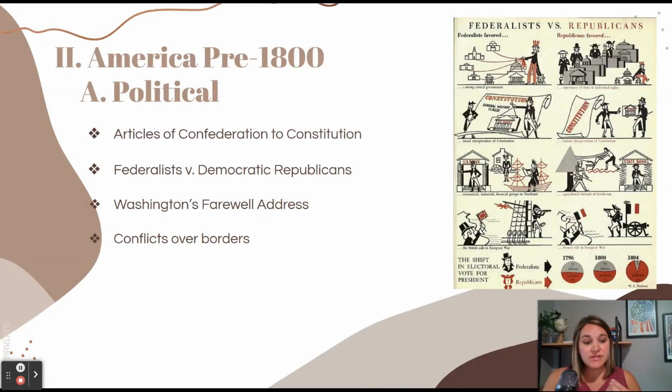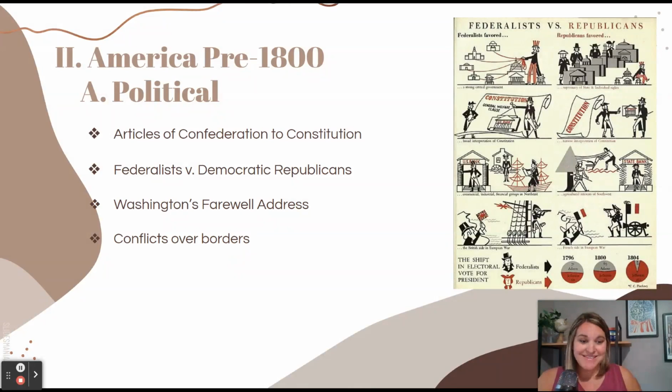And so during this time period, we also see our first political parties developing, the Federalists and Democratic Republicans. Really, at the core of their difference is whether they want a strong federal government or not. And that impacts the way that they view domestic policy, foreign policy, the types of economic activity that should be happening. And so that's a really important context to understand, because there's going to be some pretty significant shifts in political parties in period 4.